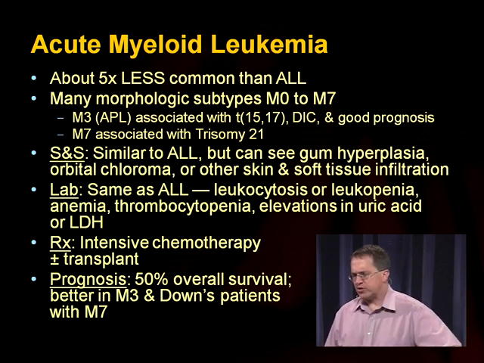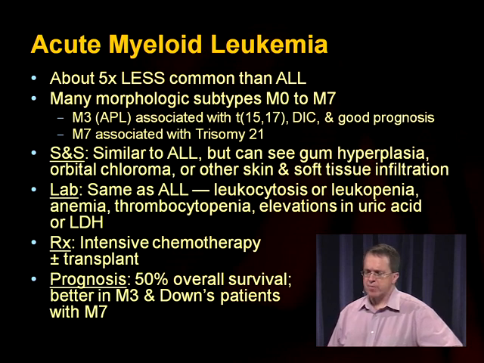Patients with trisomy 21 have, I think, about a 40-fold elevated relative risk of getting M7 AML, but for them it's actually much more treatable. Signs and symptoms are similar to ALL.